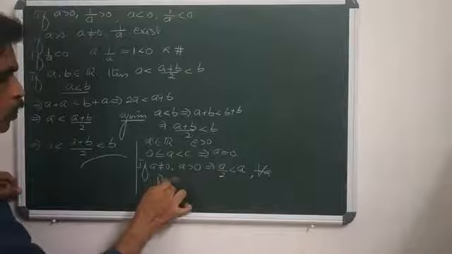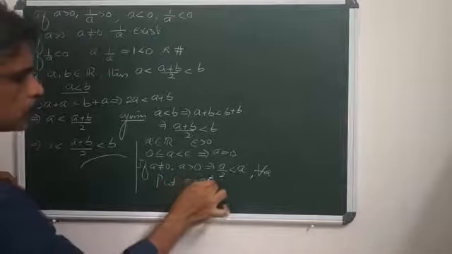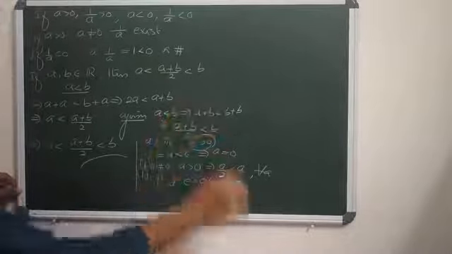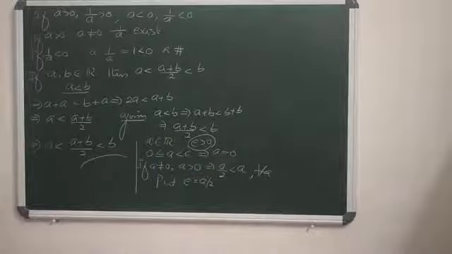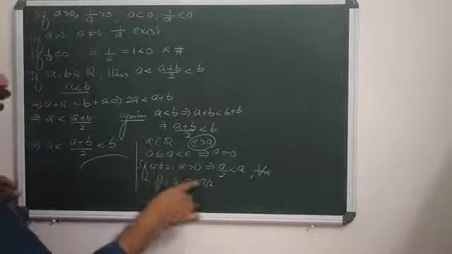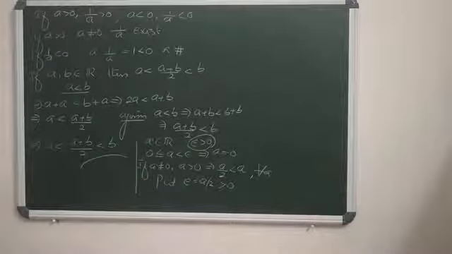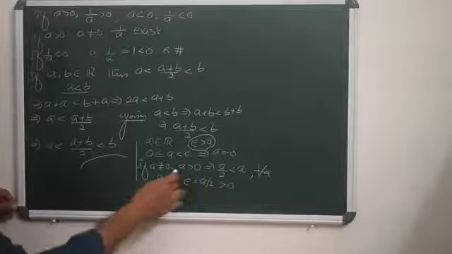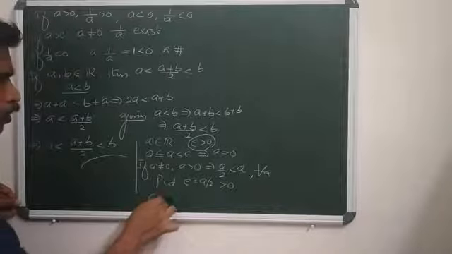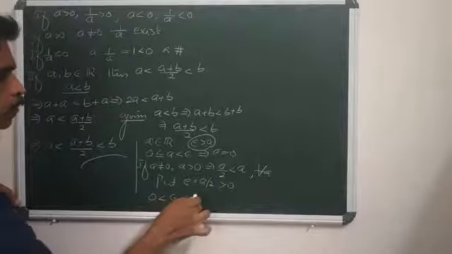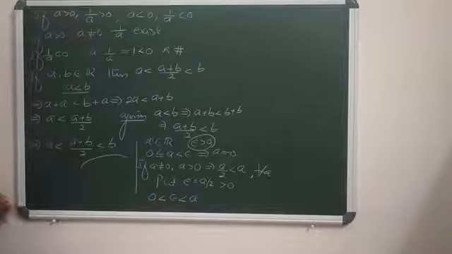Put epsilon as a by 2. So come to the choice of epsilon. What is epsilon? Epsilon is positive. Since a is positive, a by 2 is also positive, so you can choose epsilon as a by 2. Then we have 0 less than epsilon less than a. Why?